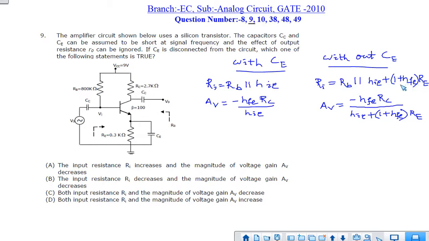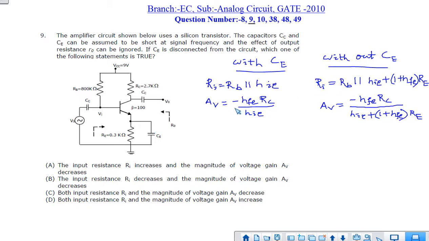This value is very large. As this value is very large, the parallel combination will be closer to RB, whereas here it is less than RB. Hence the input impedance increases when the emitter bypass capacitor is disconnected.